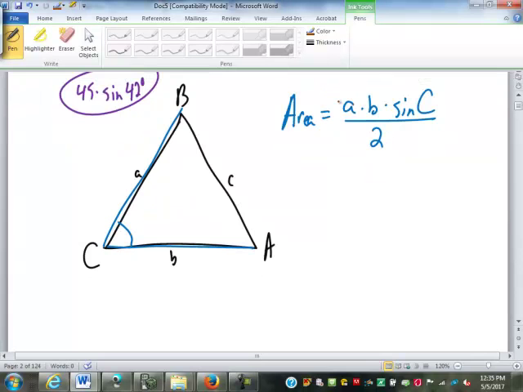So if I give you a triangle where I tell you this angle here is 44 degrees, this side down here is 32 inches, and this side up here is 29 inches, how are we going to find its area?